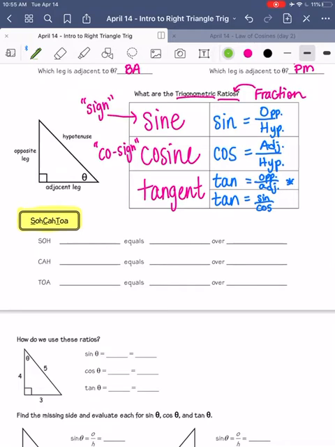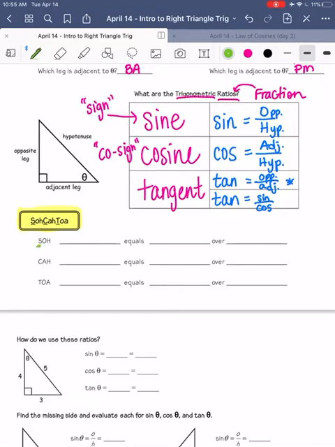So here's the purpose of SOHCAHTOA. The way I'm saying it is SO, S-O, then CAH, C-A-H, and then TOA, which sounds like toe sorta, and that helps me remember sine, cosine, and tangent.